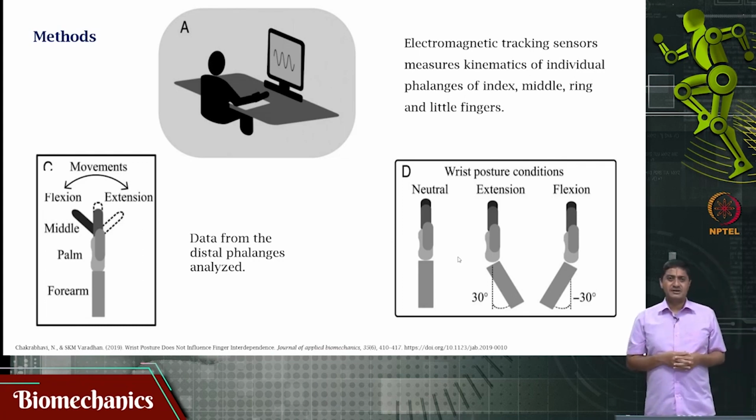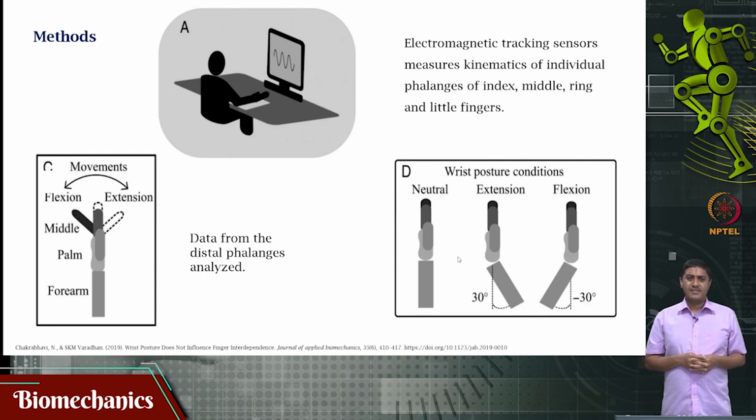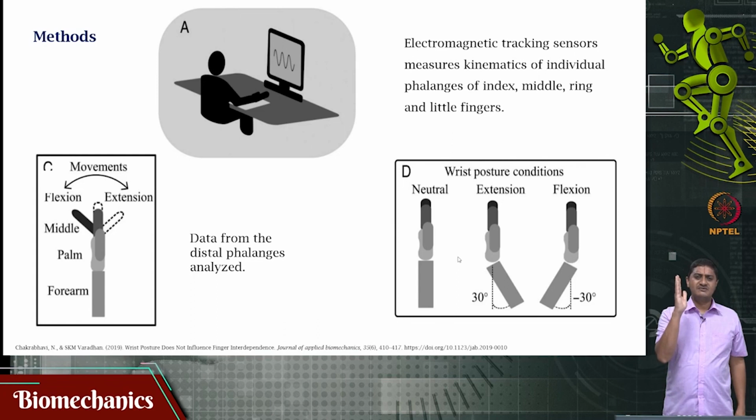The question that we asked was, suppose I keep the hand in this neutral position, the wrist in this neutral position, and I make movements with a given instructed finger, where the instructed finger might be index finger, middle finger, ring finger, little finger, like that, and I am measuring the movements of all the 4 fingers when each of these take turns to be the instructed finger in the neutral posture, or in the flexed posture, or in the extended posture.